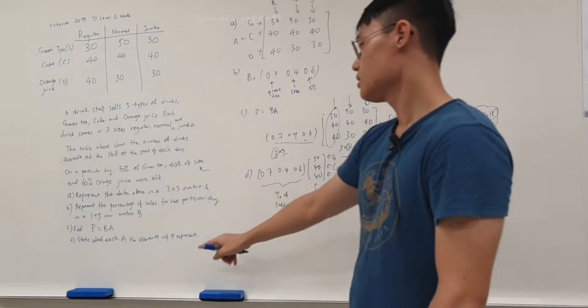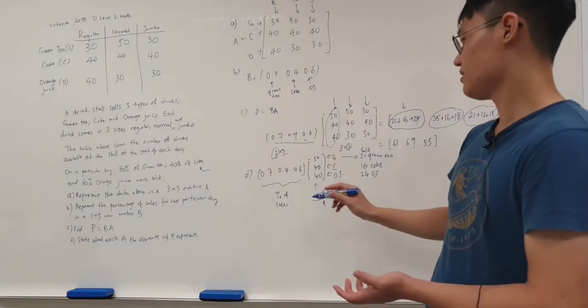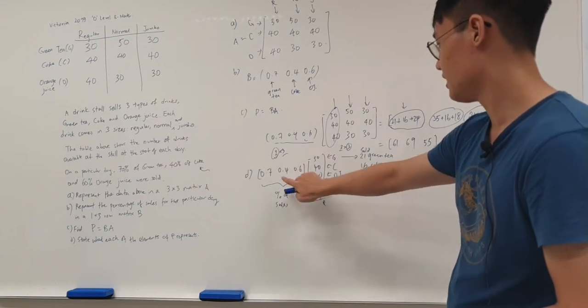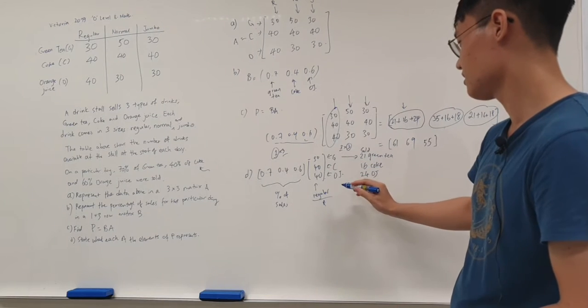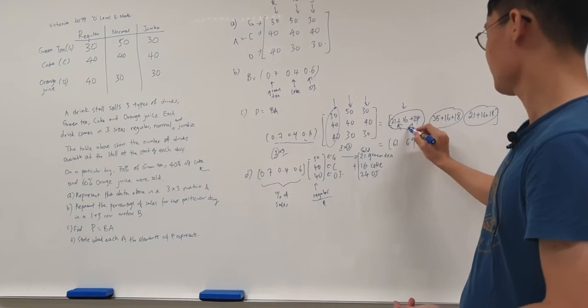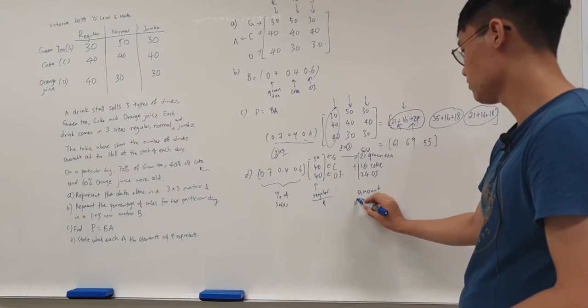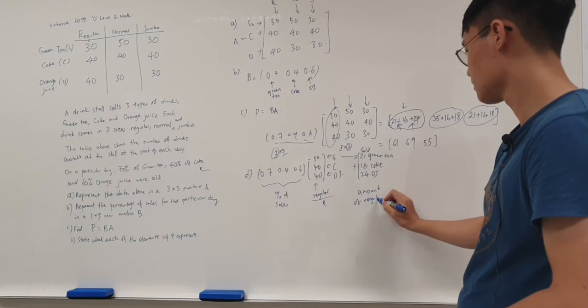Okay, so state what each of the elements of P represent. Actually, just by looking at this, it is the amount of drinks that you have sold. Because in the end, you have added everything together. You see, you have plus, you have plus. So amount of regular drinks.